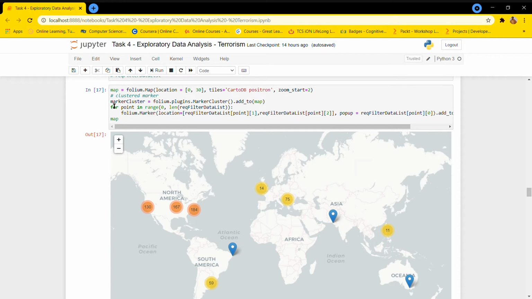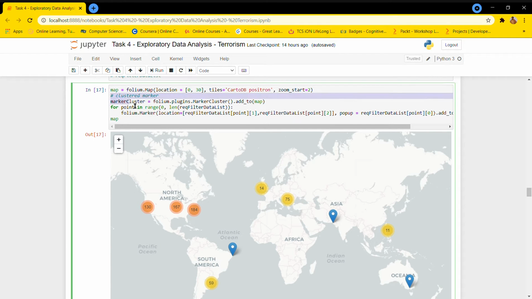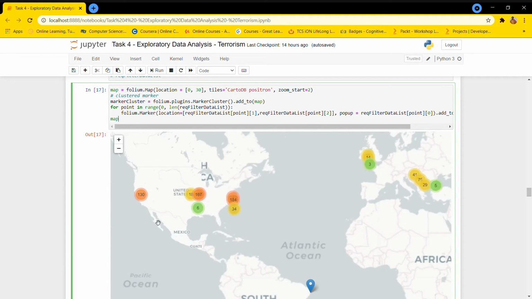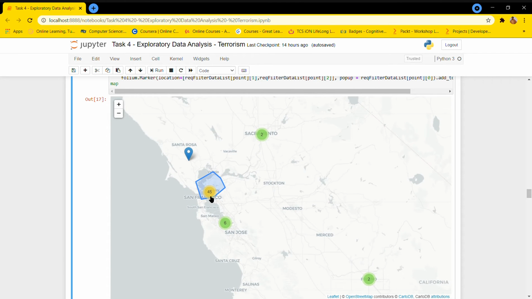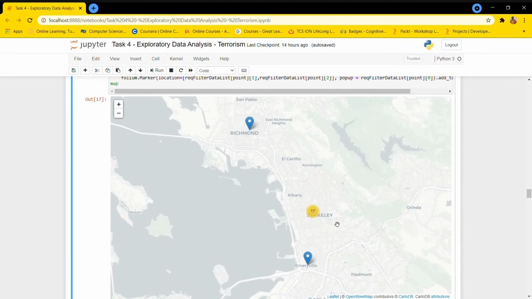As we have already created a cluster, with the help of that cluster and Folium, I plotted a graph over here. You can see that it will show you each and every particular place of the terror attacks, just like this.